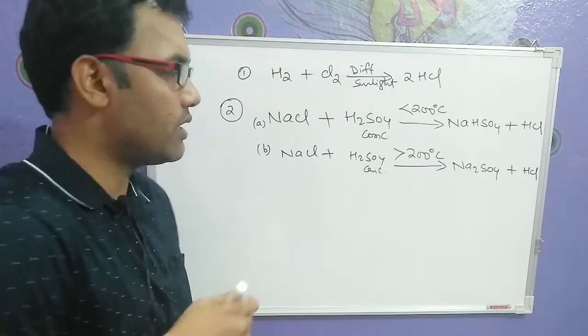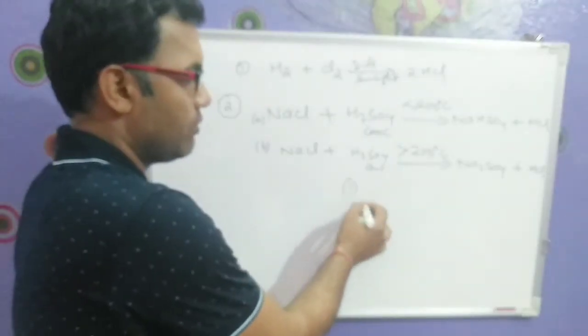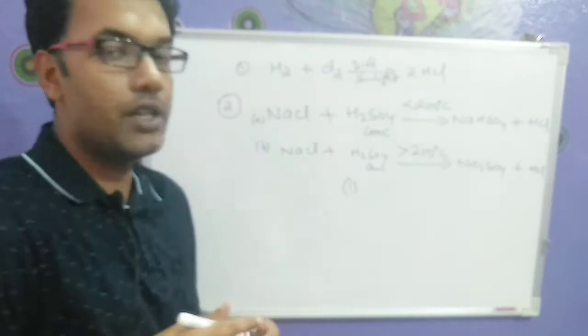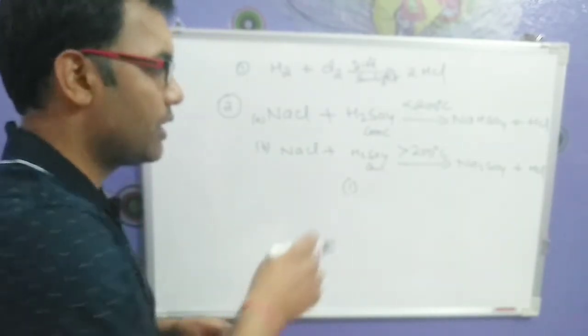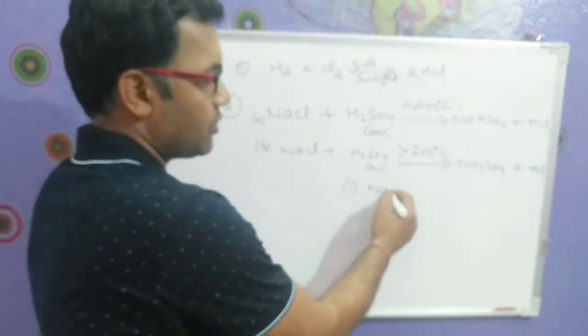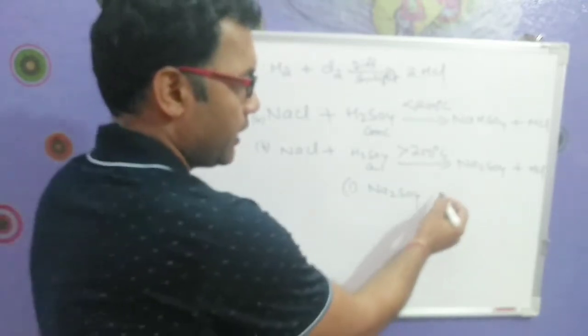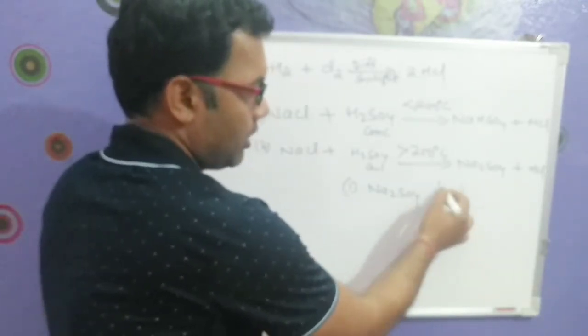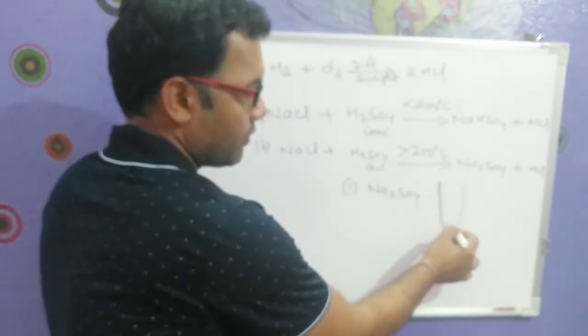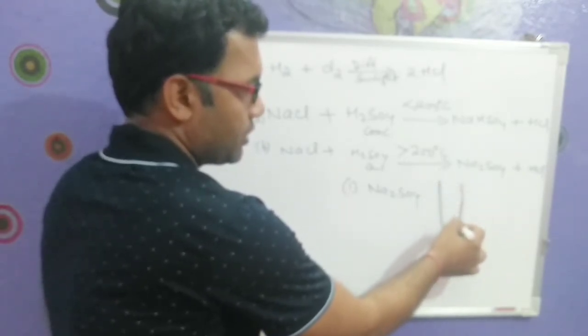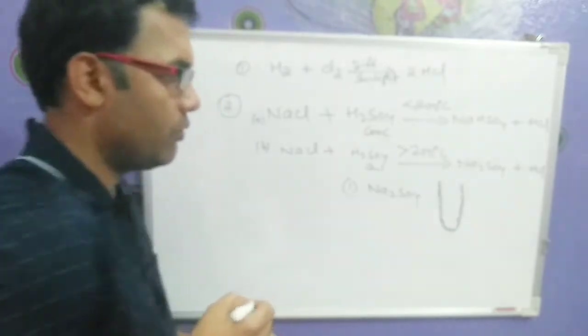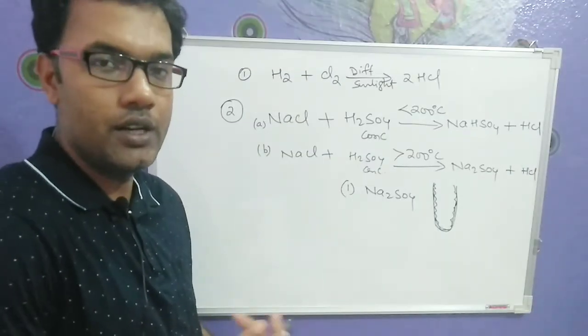The first reason is, if the temperature is greater than 200 degrees centigrade, then there is a formation of salt sodium sulfate. This sodium sulfate will form a hard crust inside the test tube, which is not very easily removable.